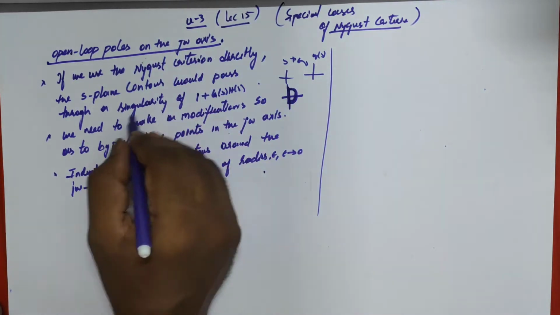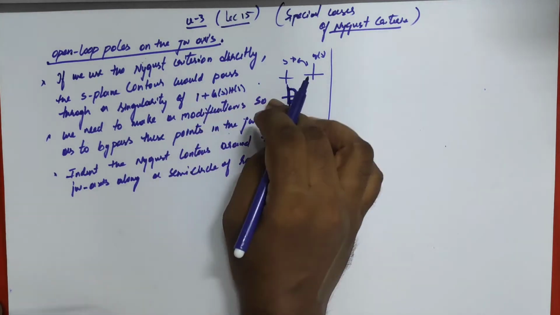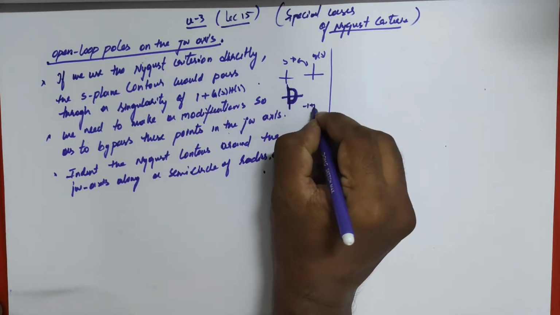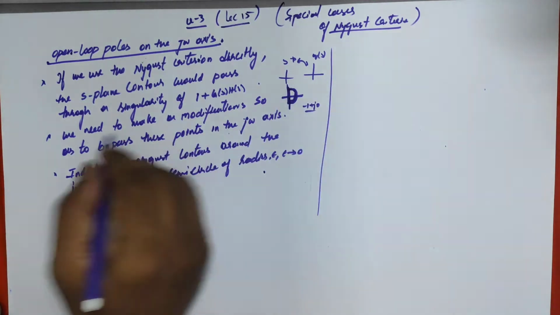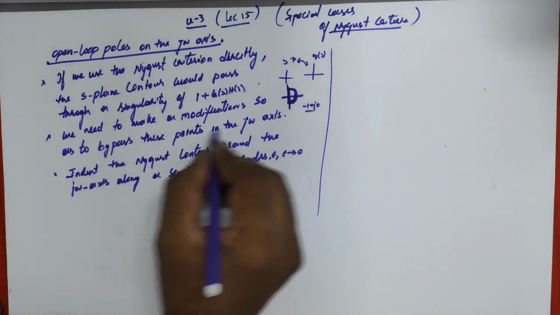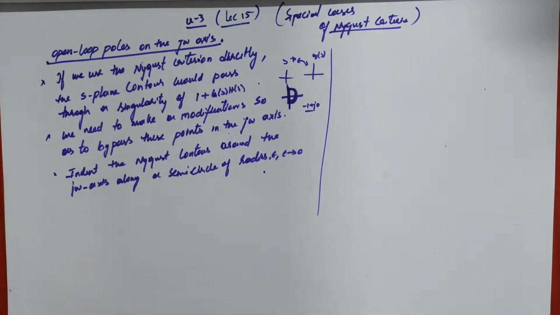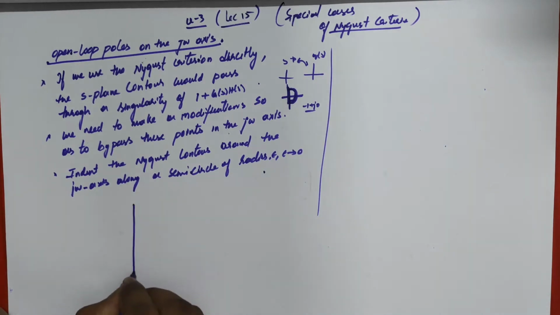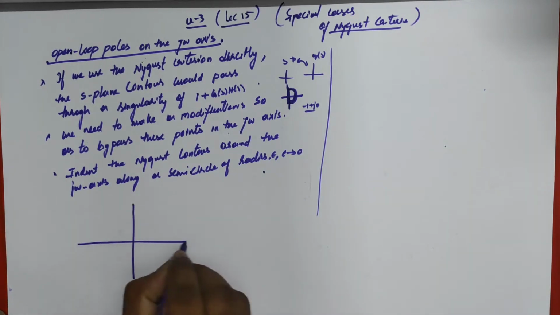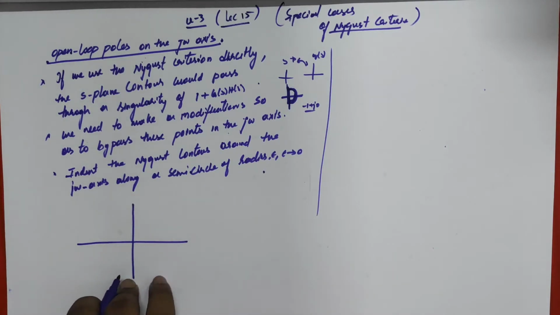Our contour should not pass through that point, 0 plus j omega, j0. So we have to bypass it. For that, we need to modify the contour so as to bypass the points on the j omega axis. We have to take a new contour which will bypass the j omega axis. That is the idea.